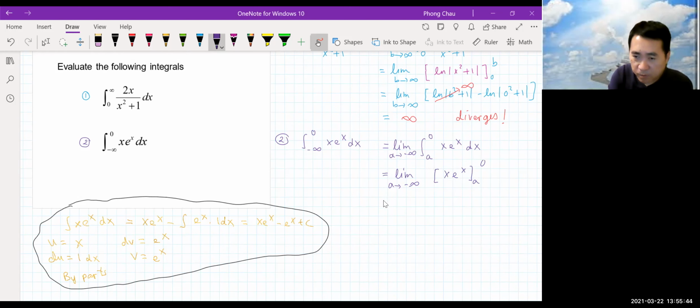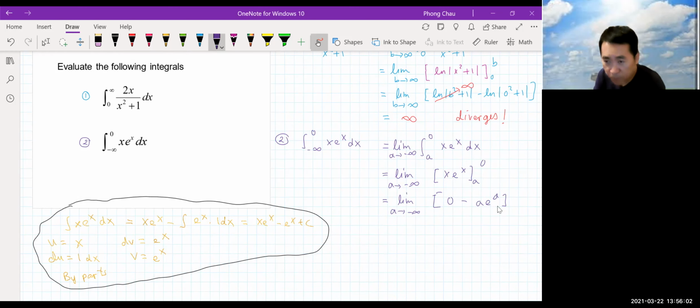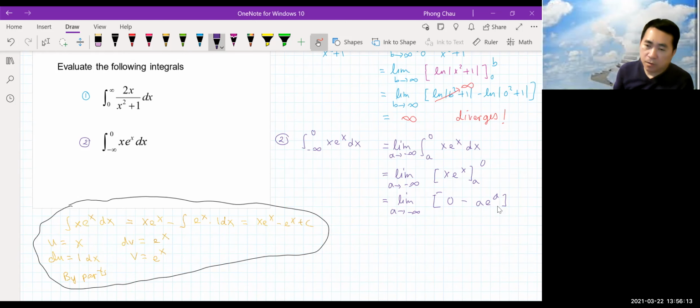Then I plug 0 in. Plug the upper limit, and then plug in the lower limit, as a approaches negative infinity.